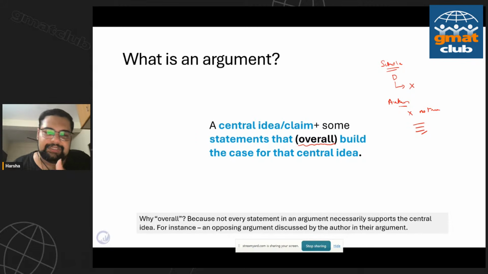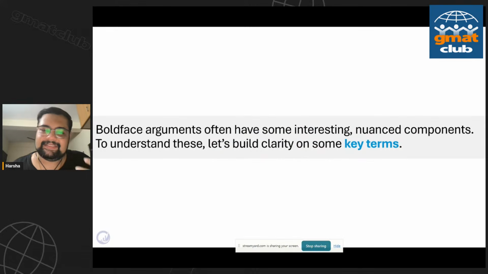In an argument like this, clearly X not being true is the main conclusion. That's what's coming from the author. But the statement X, which is the scholar's conclusion, you would not say is supporting the central idea, right? It's being countered by the author there. So there are certain statements that don't necessarily support the central idea. This demands a little bit of a nuanced discussion.